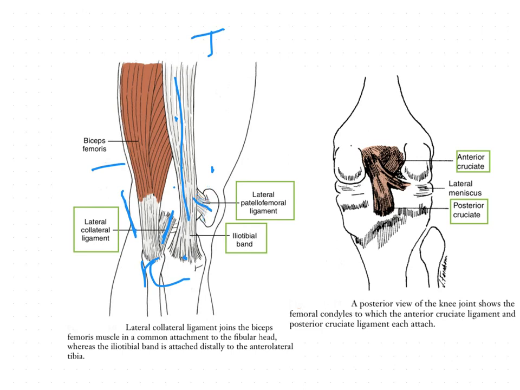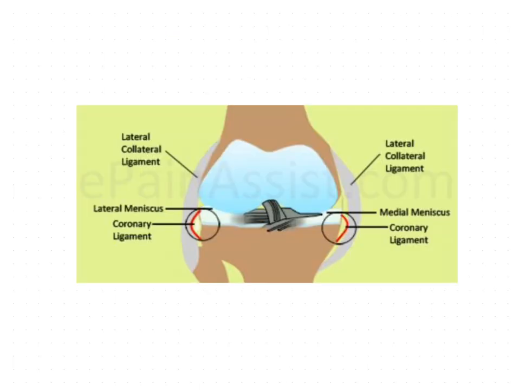The other ligaments related to the knee joint are the posterior capsular ligaments as well as the coronary ligaments. Now we will see the coronary ligaments here. We have two coronary ligaments, one on the lateral side and another on the medial side.